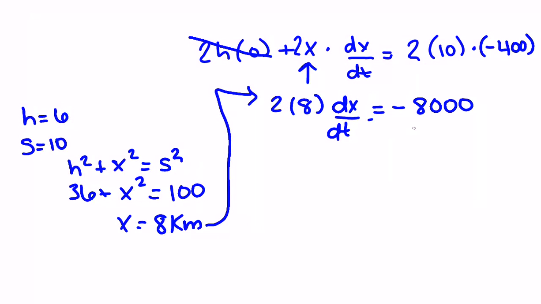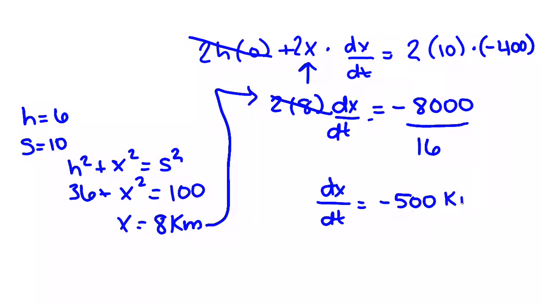And when you divide negative 8,000 by 16, you get dx over dt equals negative 500. And our units, x is measured in kilometers and t is measured in hours. So that's negative 500 kilometers per hour.